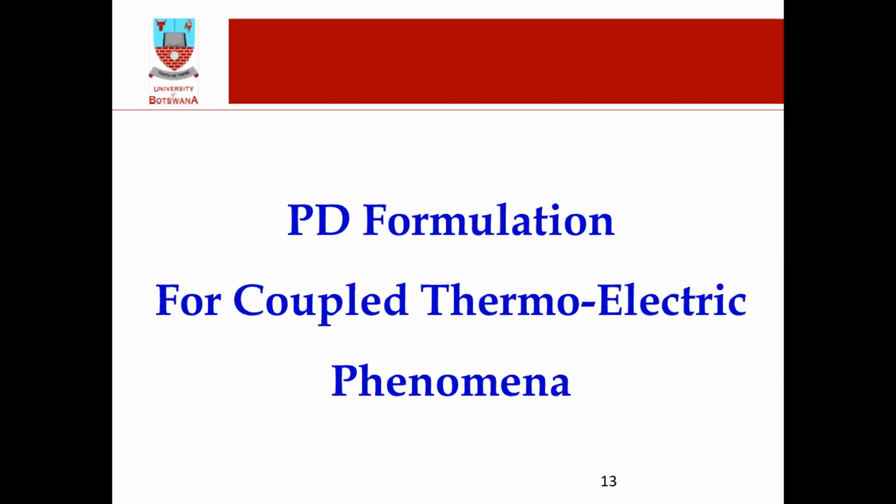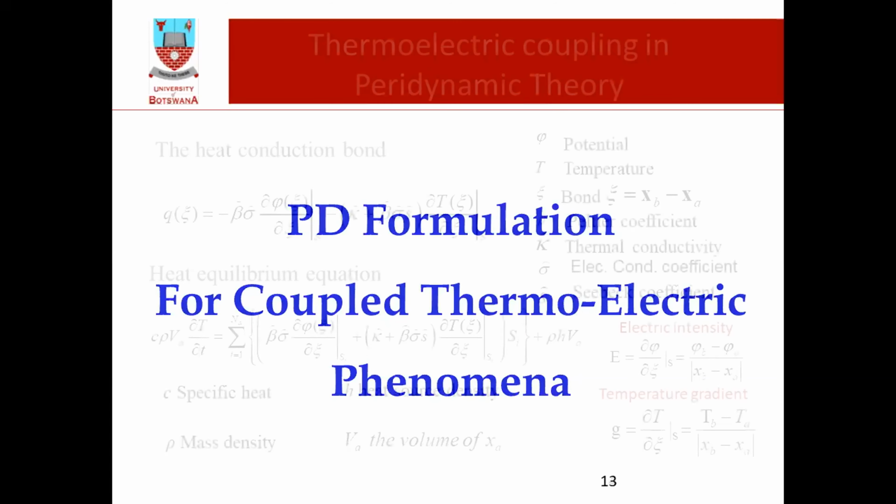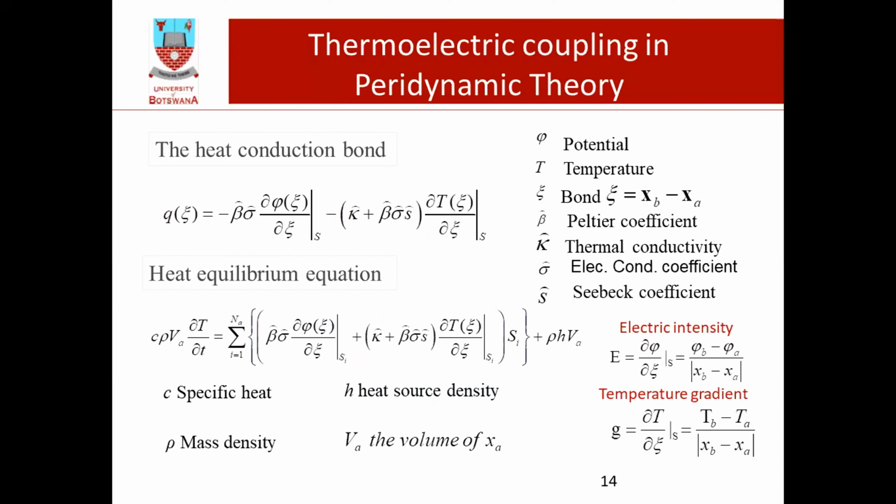We analyzed a couple of thermoelectric phenomena. This is the expression we have, the heat conduction equation and heat equilibrium equation. This mathematical expression shows the coupled thermoelectric equation in case of heat conduction. And this one is the equilibrium equation in case of a coupled thermoelectric expression.